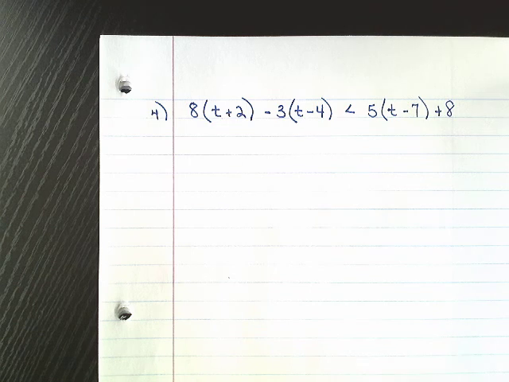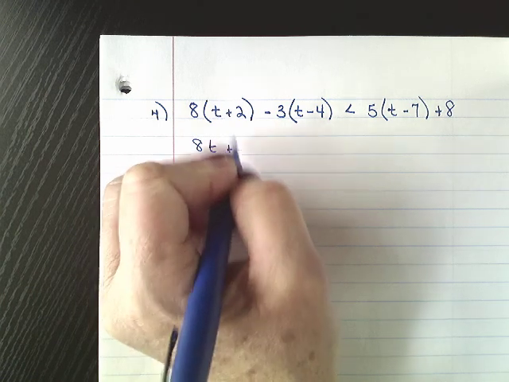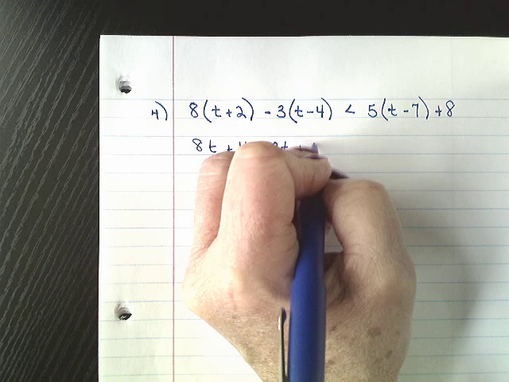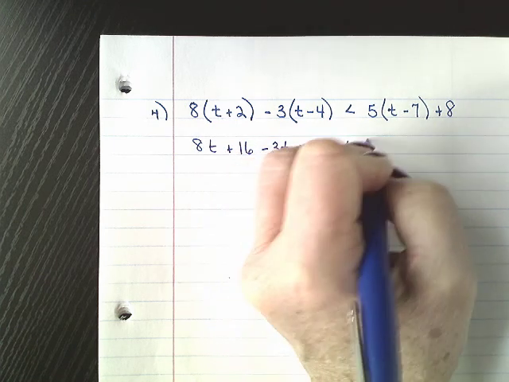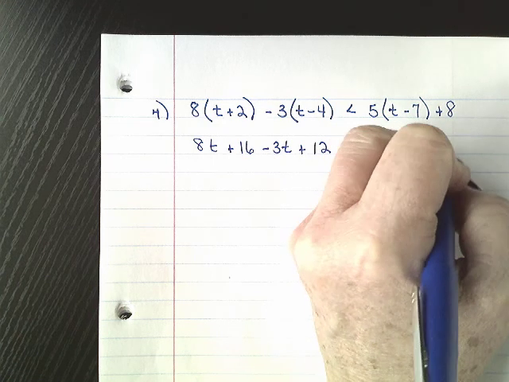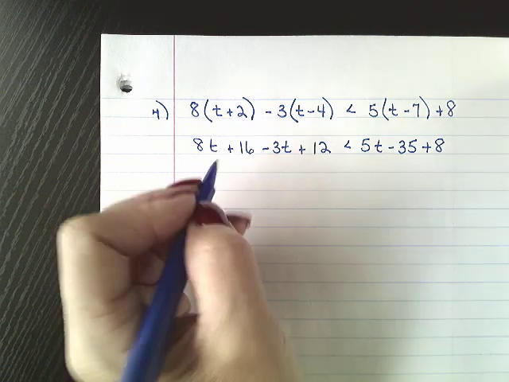Okay, so now let's go ahead and distribute. We're going to get 8t plus 16 minus 3t plus 12 is less than 5t minus 35 plus 8. Let's combine what we can.